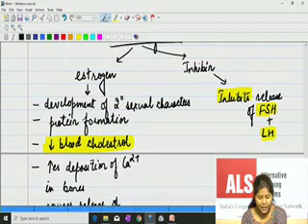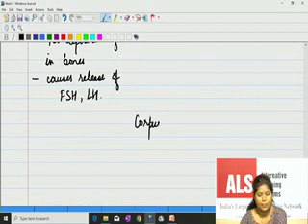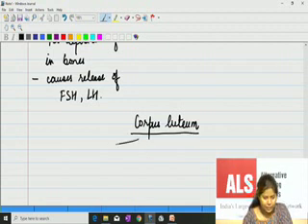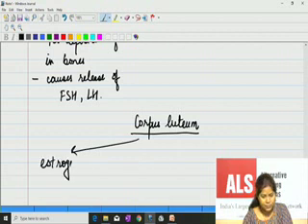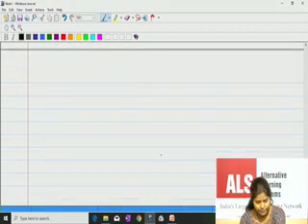Next thing we have is corpus luteum. What does corpus luteum release? Number one, estrogen, same function. Let's see progesterone.